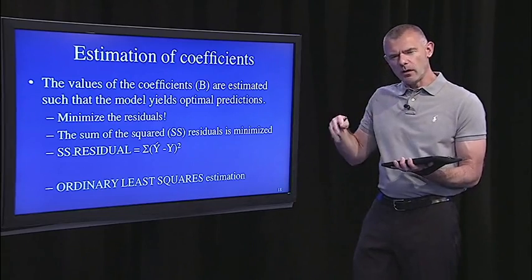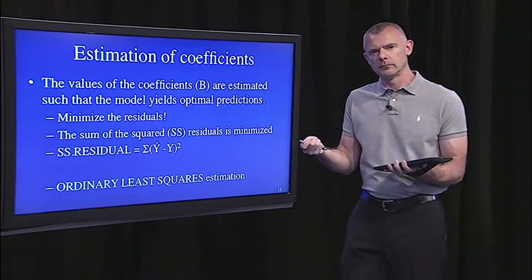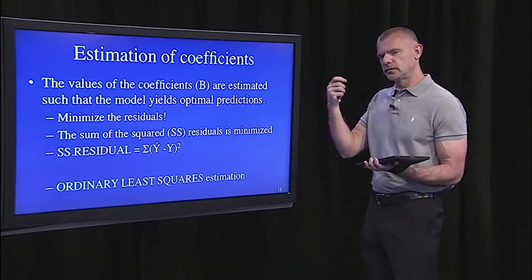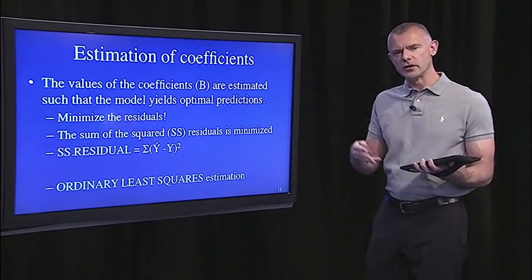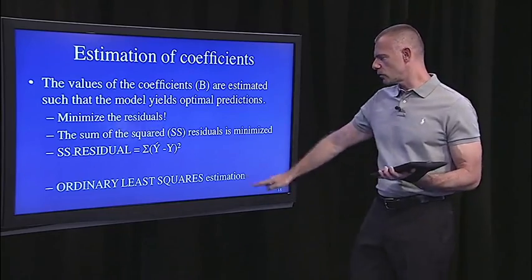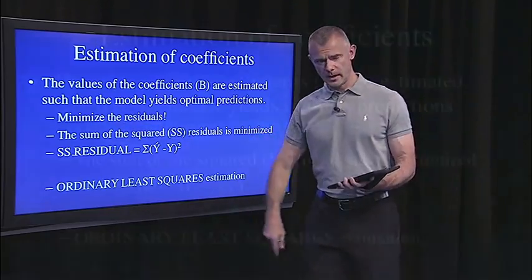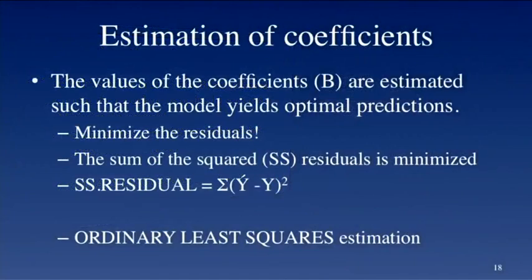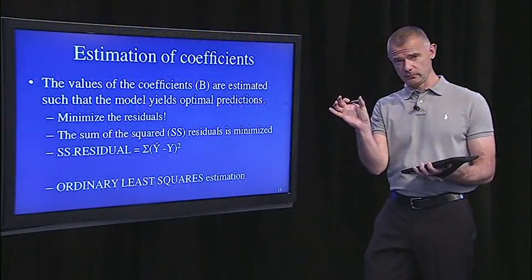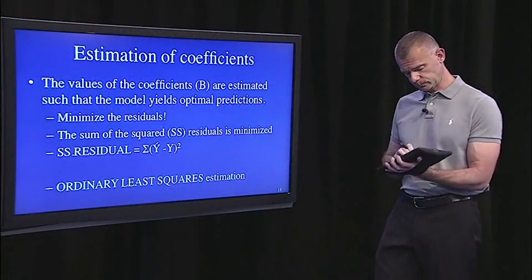So if we add them all up, they're going to sum to 0, just like the sum of deviation scores. So we'll square them, and that'll give us the sum of squared residuals. And what this process, ordinary least squares, does is it minimizes that value, the sum of squared residuals.